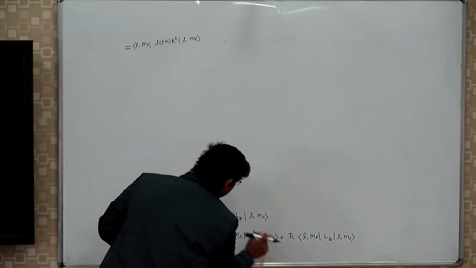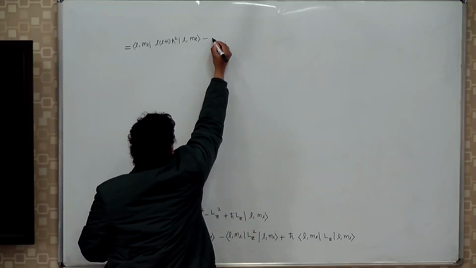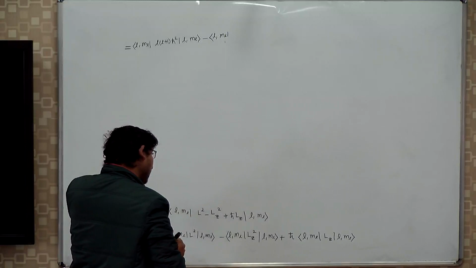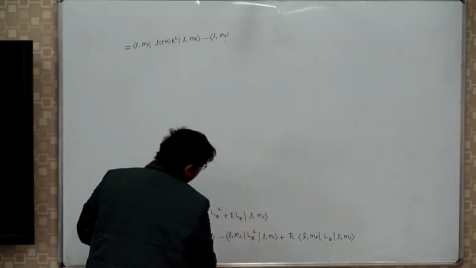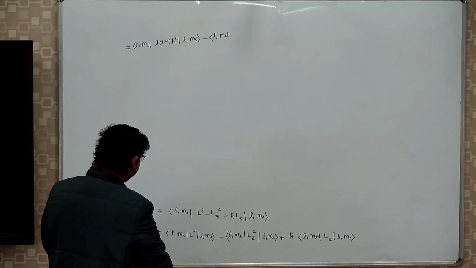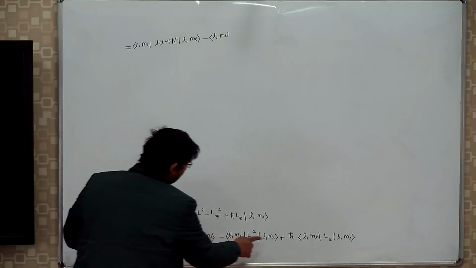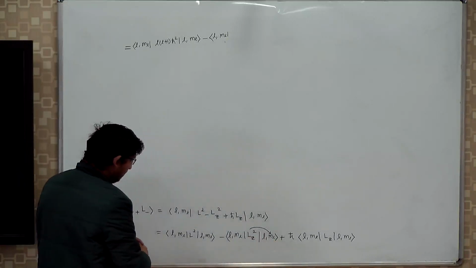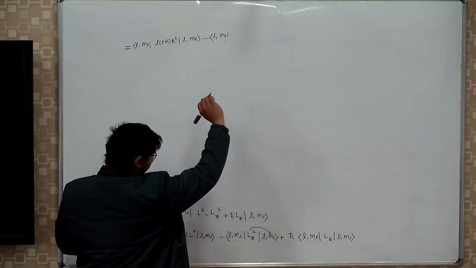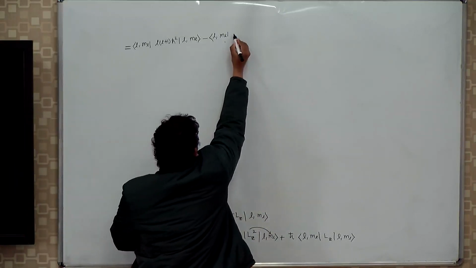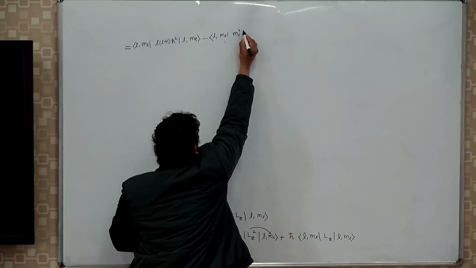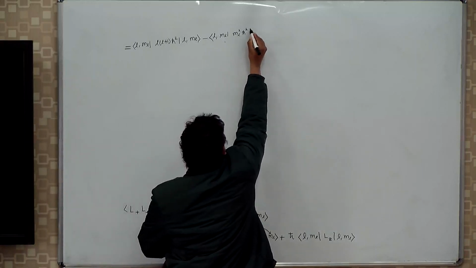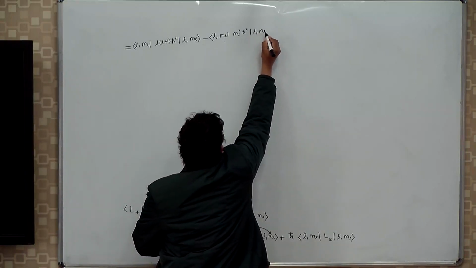Similarly, for the second term with the minus sign, the Lz square operator acts on this state, so it will act on ML. In that case, we will get ML square H cross squared |L, ML>.